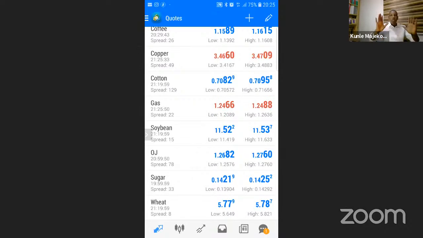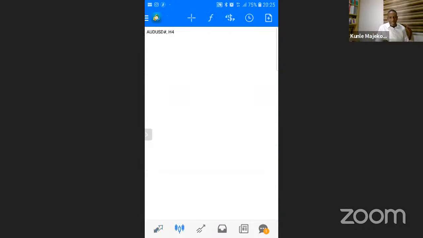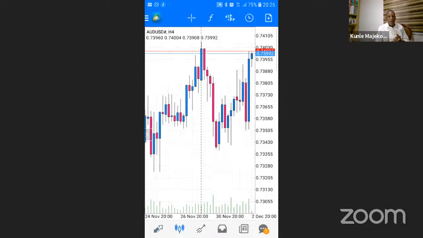It tells you the pairs that you trade with. The second one is where we have our chart. And so you can use this chart to analyze whatever you will be trading in.